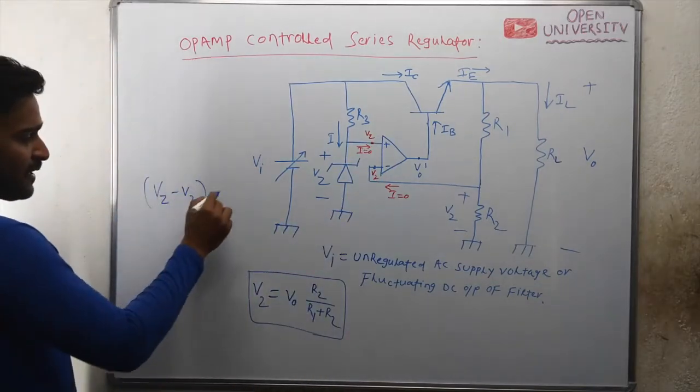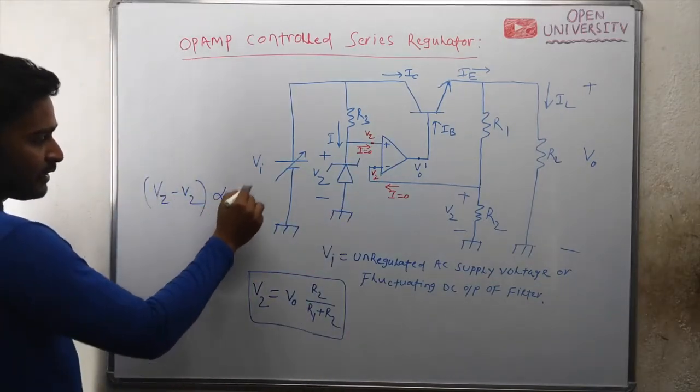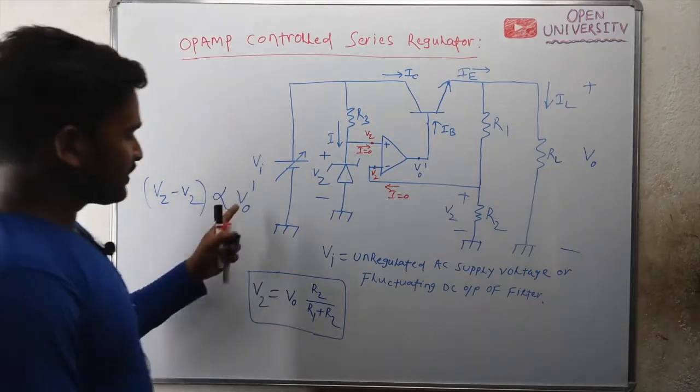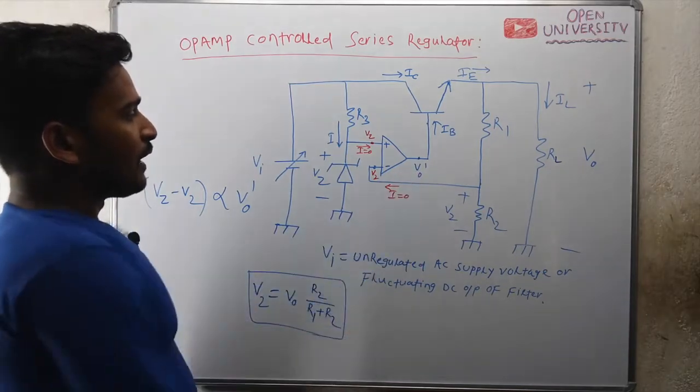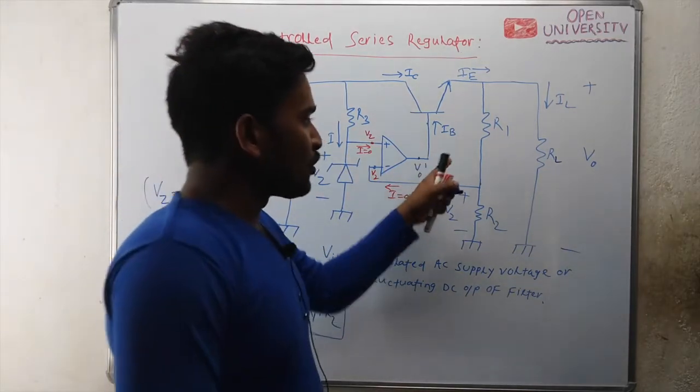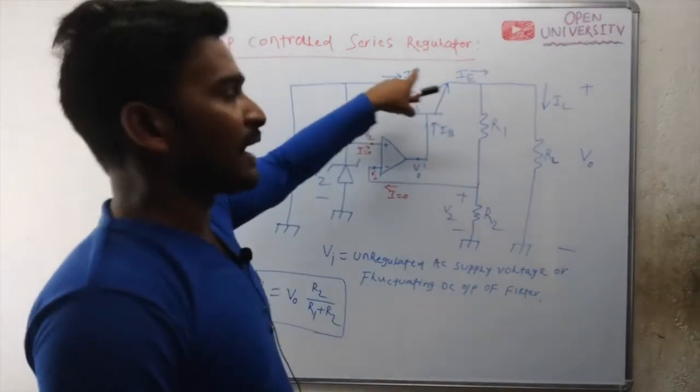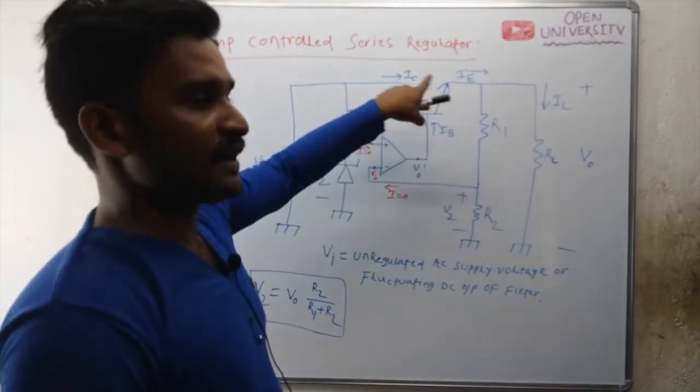So Vz minus V2 is directly proportional to V0 dash. And this V0 dash will control IB, IC and IE.